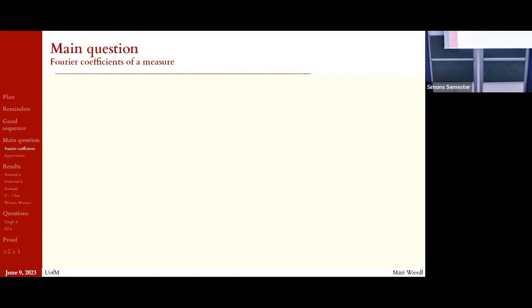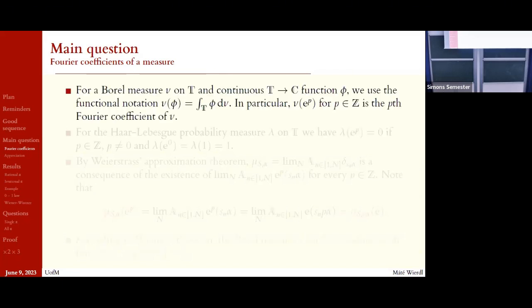So this is still in the subject of the main question, but this is a reminder of Fourier coefficients of a measure, because I'm using a little bit different notation, actually a very different notation from the usual one. For a Borel measure mu on the torus, and a continuous function phi defined on the torus, we use the functional notation that mu(phi) is in fact just the integral of phi with respect to that measure mu.